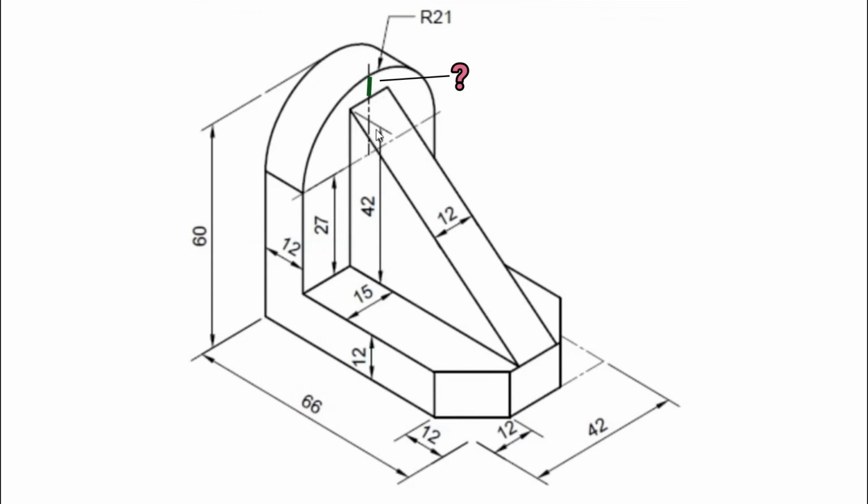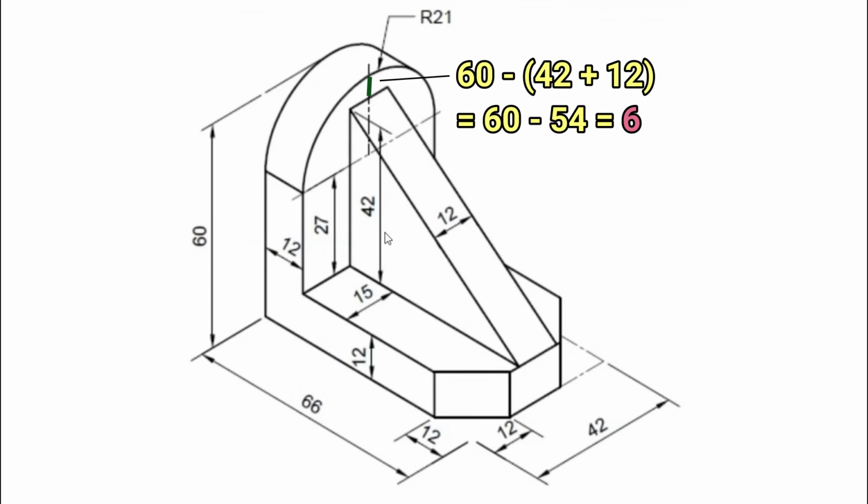It's 42. The rib is itself 42 in its extreme height. So 60 minus 42, that we can take minus 12. That means this 42 plus 12 would be 54, and overall height is 60. So this would be 60 minus this plus this, that means 54. So this should be 6.